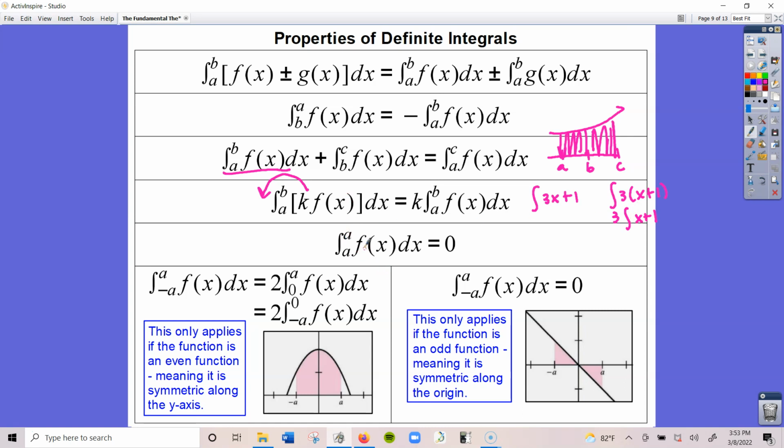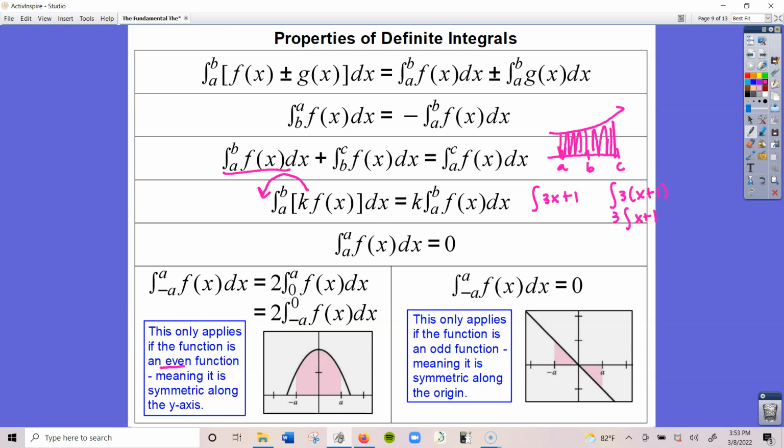And our last property of integrals is if you're integrating from a to a, meaning it's the same exact number, that answer will be 0 because there will be no area there, since it's just one x value. Now these last two apply to symmetry.